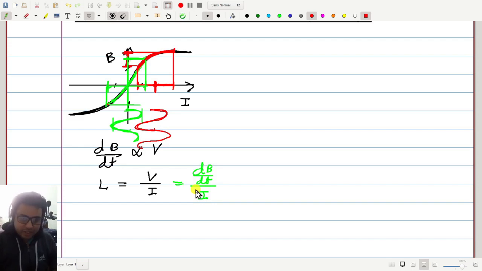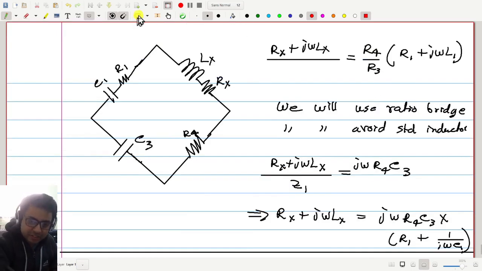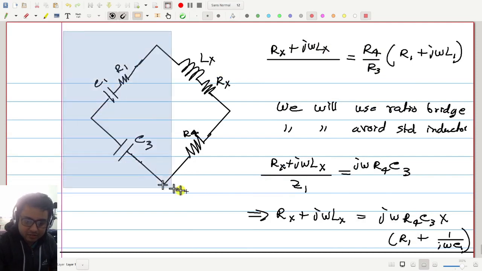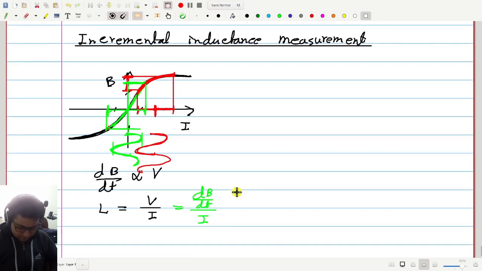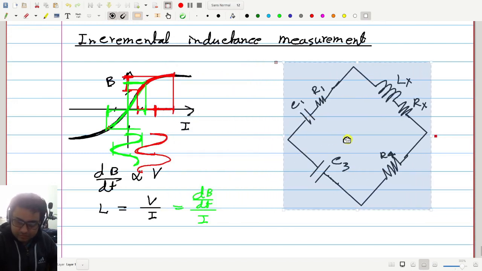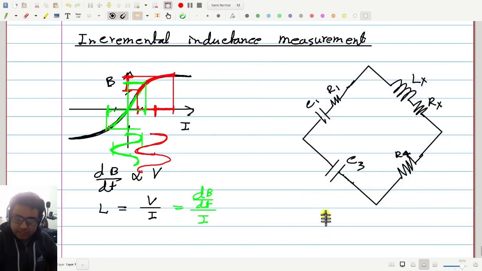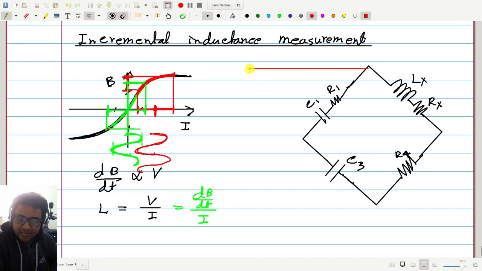inductance. So what we will do, let me just copy this. First we will supply a DC current.